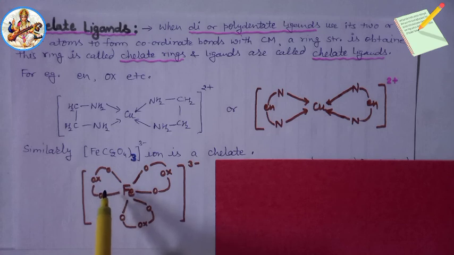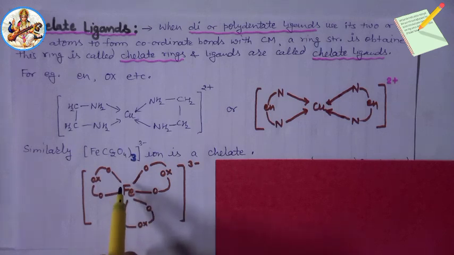We know that in oxalato, two oxygen atoms donate a lone pair of electrons to the central metal. So oxygen is attached with two dative bonds, similarly two dative bonds, and similarly two dative bonds, then the structure of the complex is ring shaped. So oxalato is a chelate ligand.